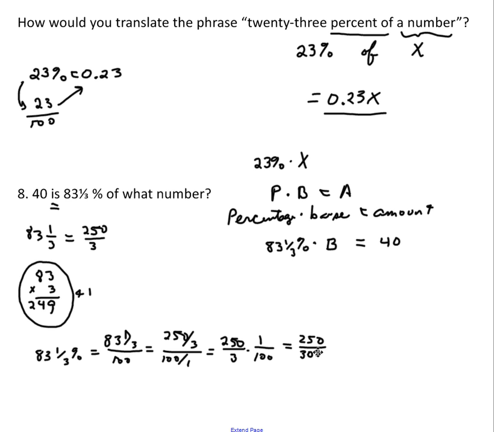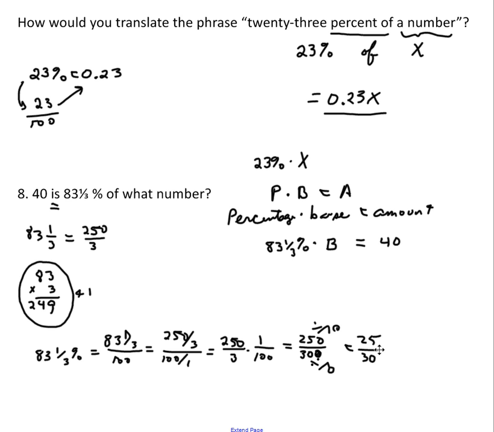And 300 and 250 share some common factors. For instance, right away, you can divide both of them by 10, because they both end in a 0. Any number that ends in a 0 is divisible by 10. So if you divide both by 10, you get 25 out of 30. And I'm thinking, what numbers do 25 and 30 share as a common factor?